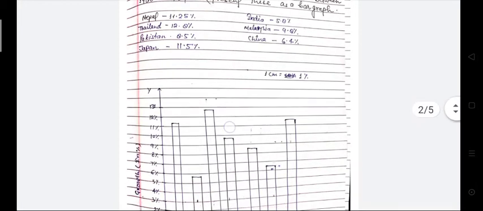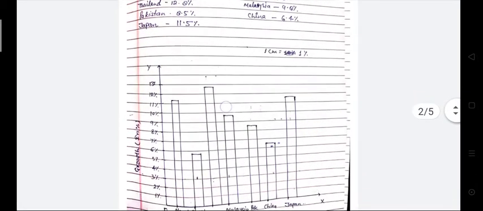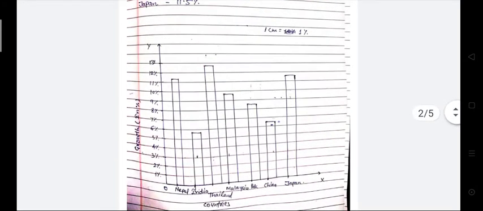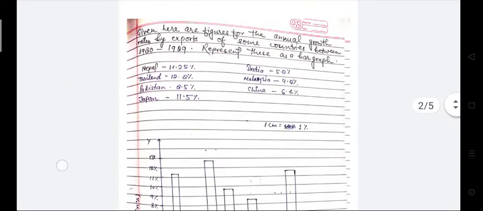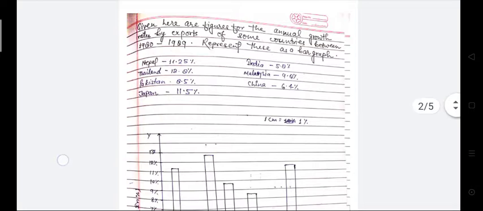Similarly, the growth rate of China you can see at the sixth place, and at the seventh place the bar represents the growth rate of Japan, which is given as 11.5%. So the length of the bar, as you can see, represents the growth rate of Japan. In this way we can easily draw the bar graph which can represent the growth rate of some countries as given in the question.